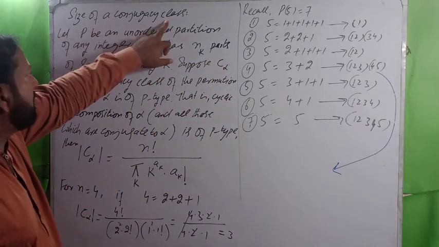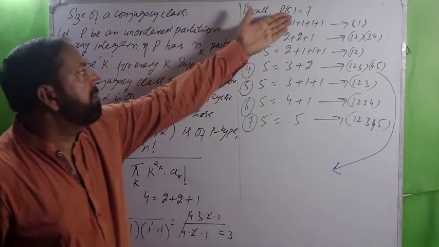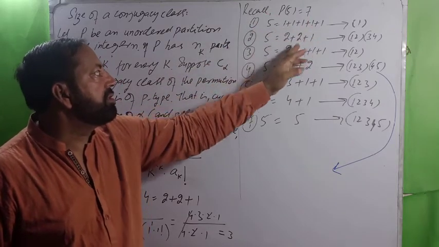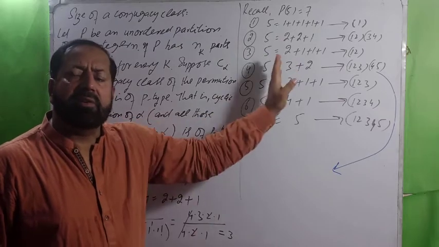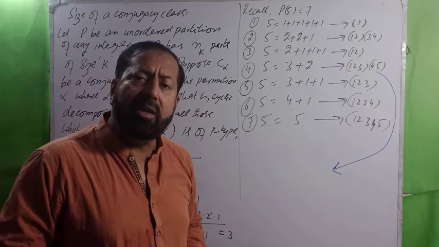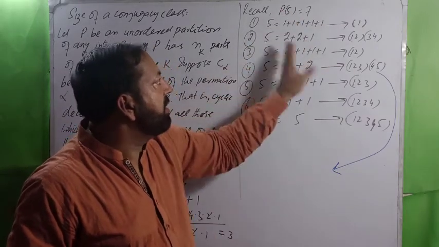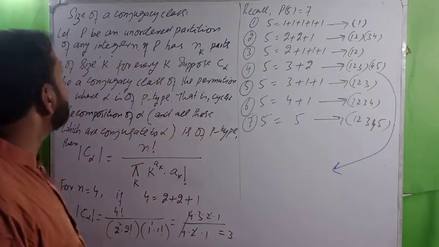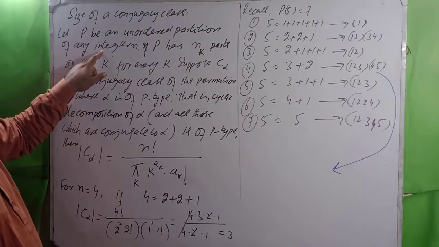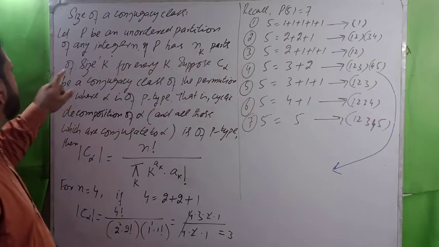Size of a conjugacy class. See, let P be any unordered partition like the partitions of 5; there are 7, and it may be any of them, because every partition generates a corresponding element of S5 and tells its type, right? So let P be an unordered partition of any integer n, and suppose P has n_k parts of size k for every k.